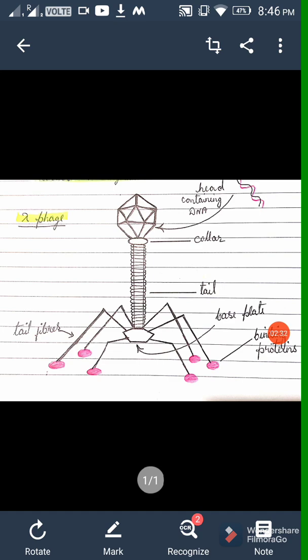Then when this DNA has been inserted into the cytoplasm of the bacterial cell, it will circularize, because it is a linear DNA molecule, but it will be circularized at the cos site. We will see what the cos site is. Now, as I mentioned, it has two types of life cycle: the lytic cycle and the lysogenic cycle.